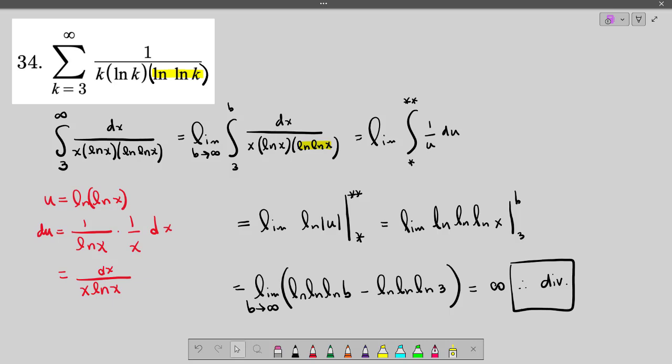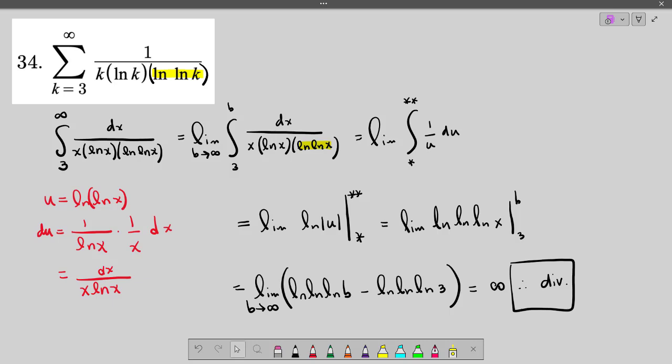So this one has a chance to converge. Do you agree that x ln x goes to infinity faster than x? Yes. And so if we put in another ln of whatever here, this denominator is going to go even faster to infinity. So there's still a chance it could converge, because this is going to go a little bit faster.